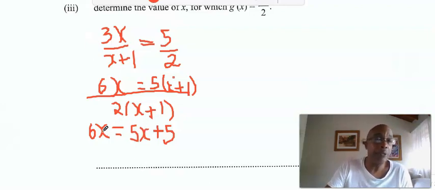In other words, I'm going to subtract 5x from both sides. Okay? Well, let me do it step by step for you to show you. I subtract 5x from the left side.